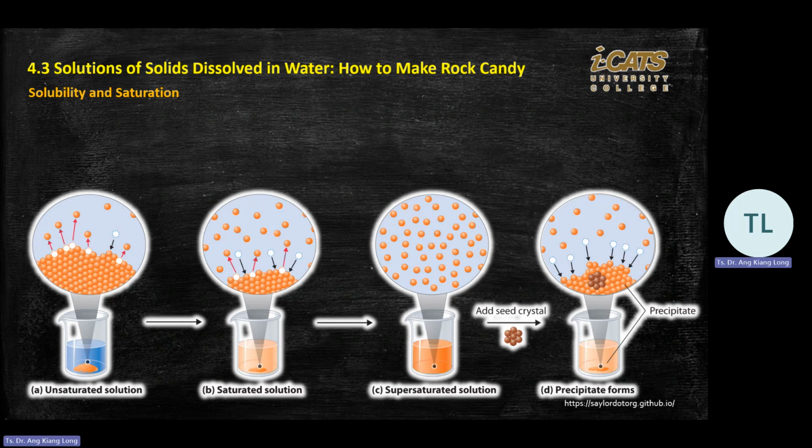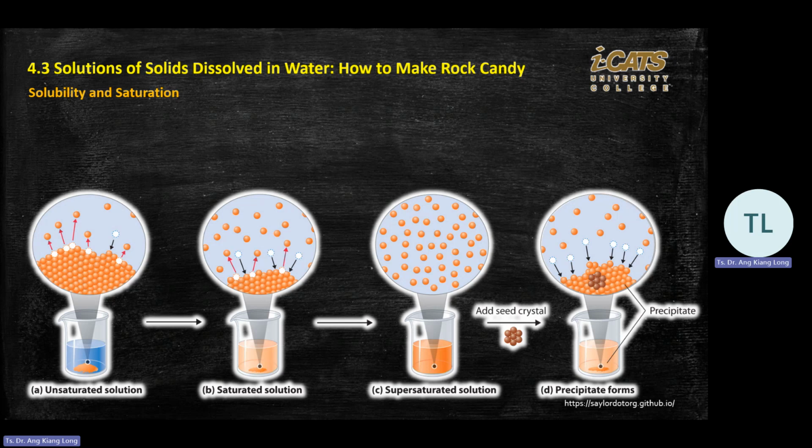Okay. So if you move from left to right, you add more solute. We still play with the 2 words, solute and solvent. Let's say solute is A, solvent is B. If you move from A to B to C to D, from left to right, you add more solute.